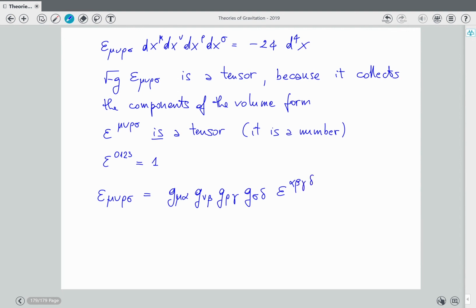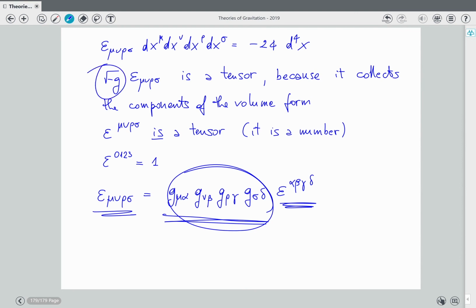So if one is a tensor, the other one cannot be a tensor, because if this is made of numbers, this is a matrix that knows about the space-time point. But fortunately, you can cancel all those four by putting just a square root of minus g, and then you get a tensor.